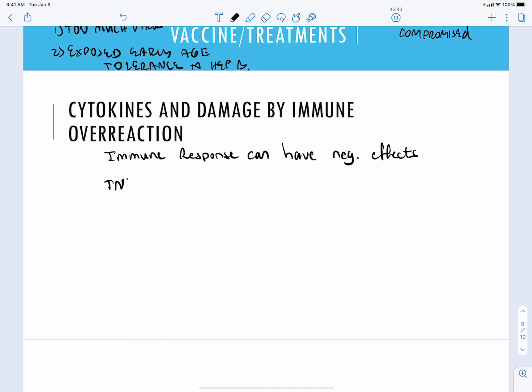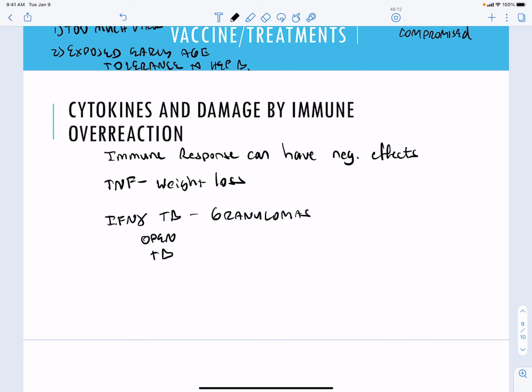So our TNF is going to cause weight loss. We have our excessive granulomas, so we have our interferon gamma, and TB causes granulomas. And in open TB, you have necrotic tissue in the center of the granuloma.